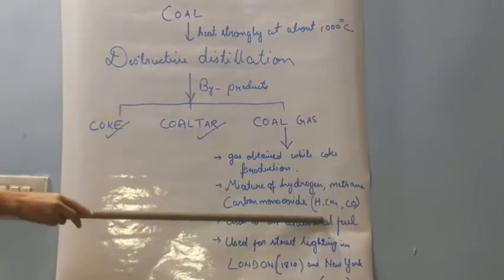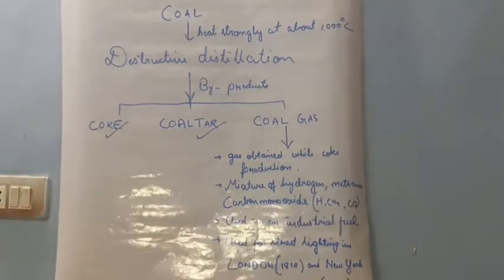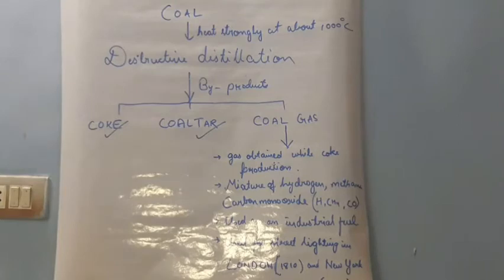Then for carbon monoxide it is CO. So we all know that carbon monoxide, that is CO, is a poisonous gas. And as coal gas contains CO, so ultimately coal gas also comes to be a poisonous one. So it is not often used for cooking purposes. Very few people may or may not use, but it is not used as a cooking fuel.